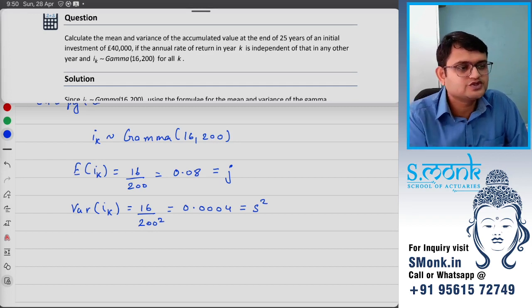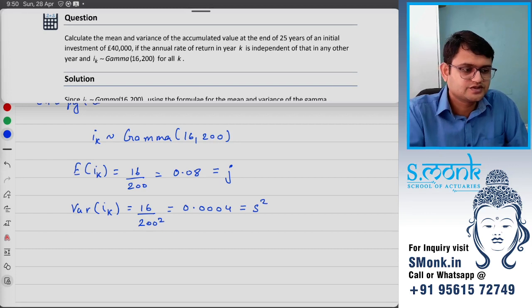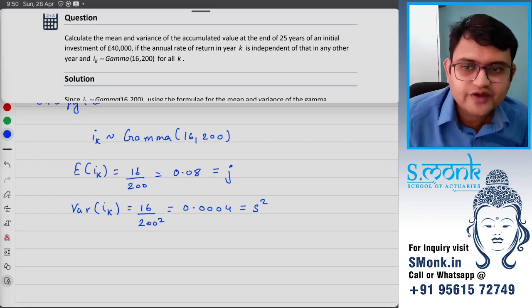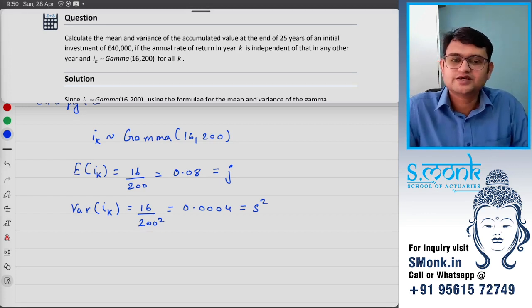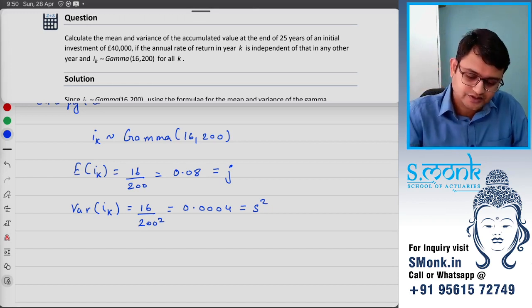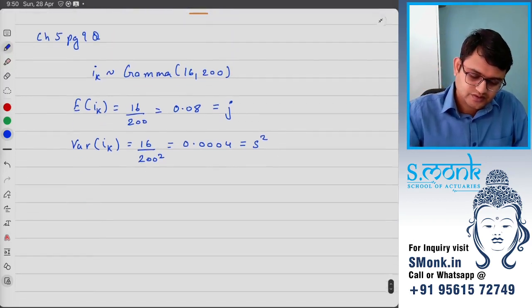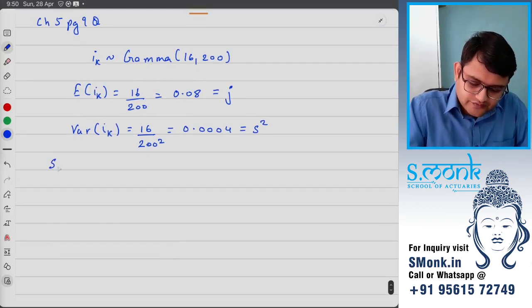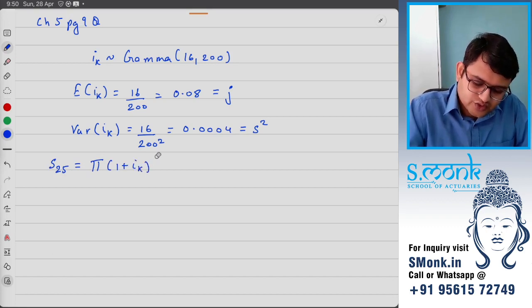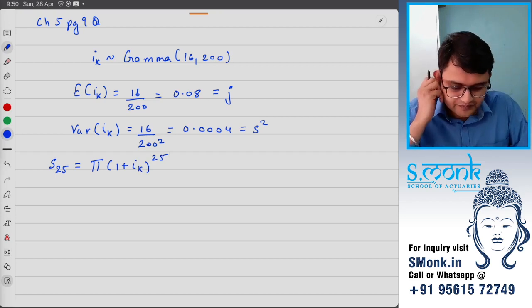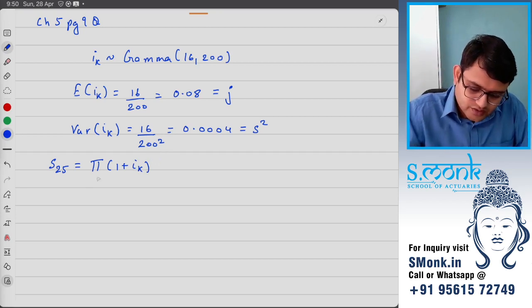So the investment is going for 25 years. That is why we'll be finding S25, because we have a single investment going for 25 years. That would be the product of 1 plus IK, K going from 1 to 25.